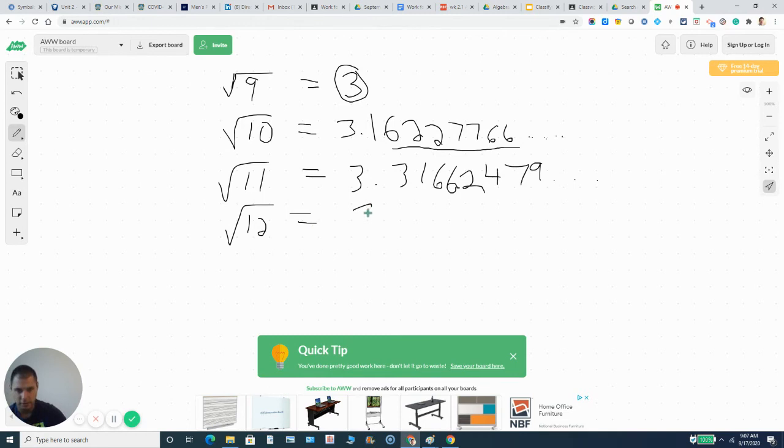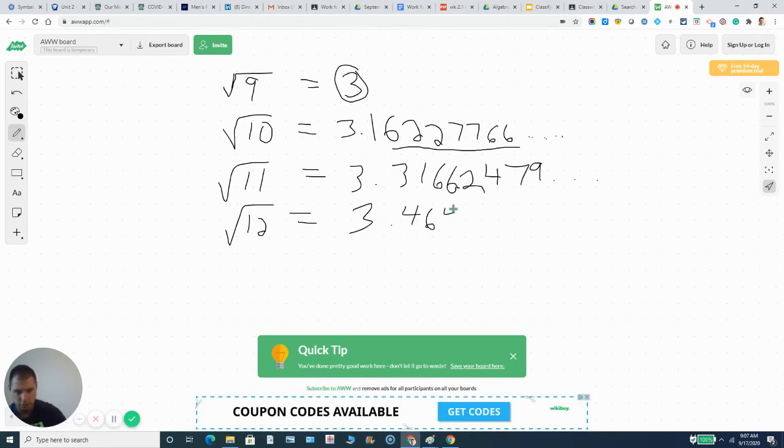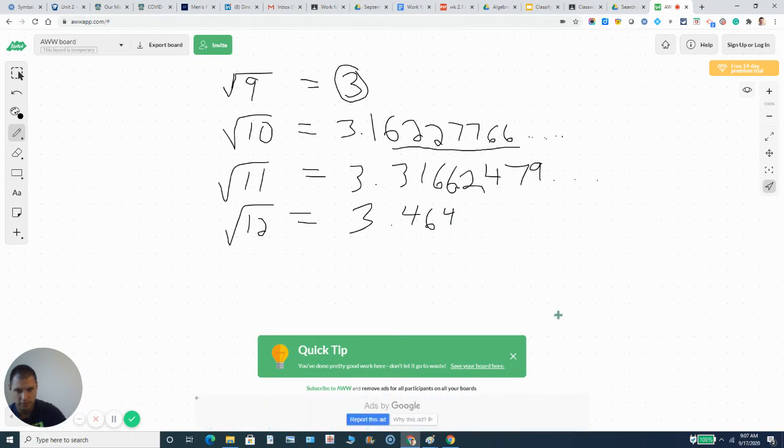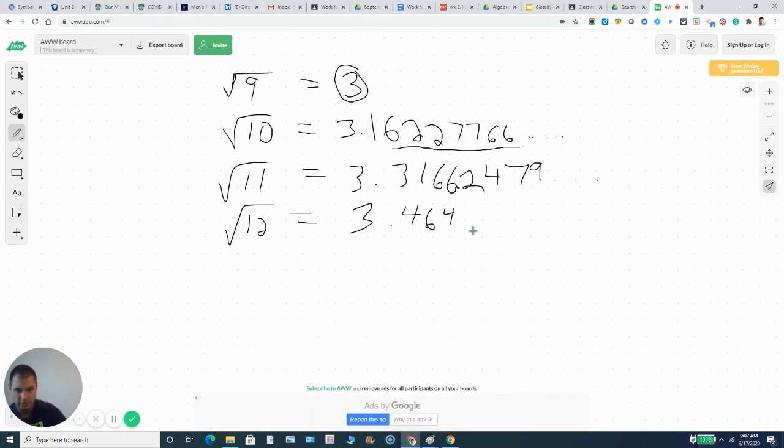We have 3.4641016 15, and again, your calculator runs out of space, so it stops, but that goes on forever. So hopefully you're seeing my point.